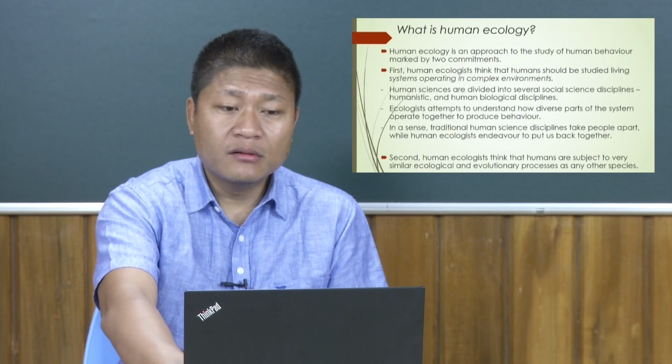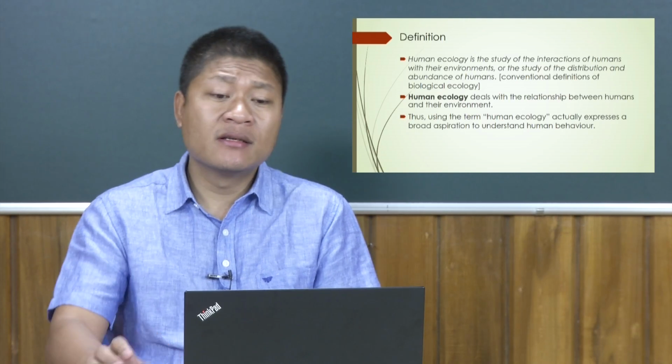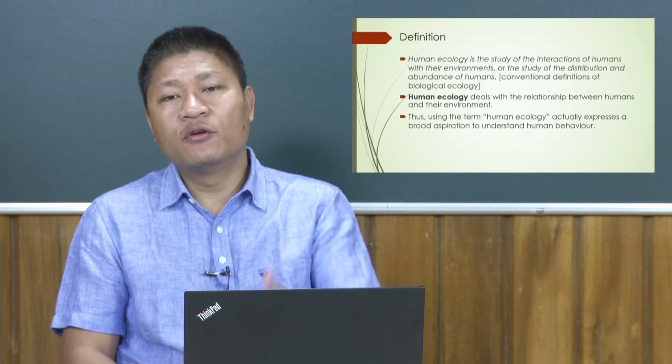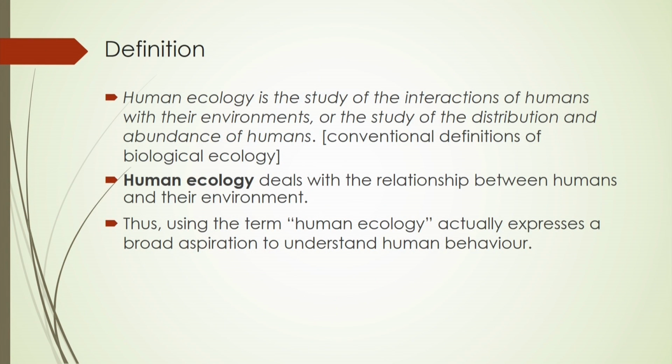And secondly, if we go by the basic definitions of what human ecology is, where I give a conventional definition. If you look at the conventional definitions, human ecology is about the study of how humans interact with their environments, or in a sense the kind of distribution and abundance of humans, how humans populate, and also how they distribute themselves based on their needs.